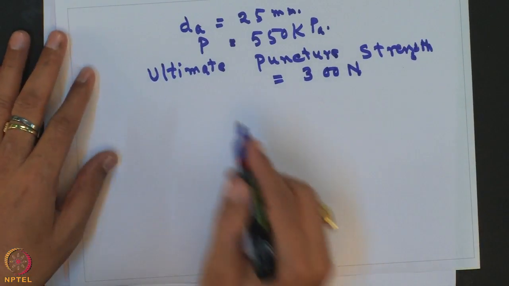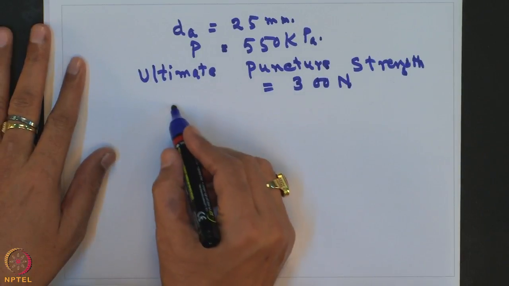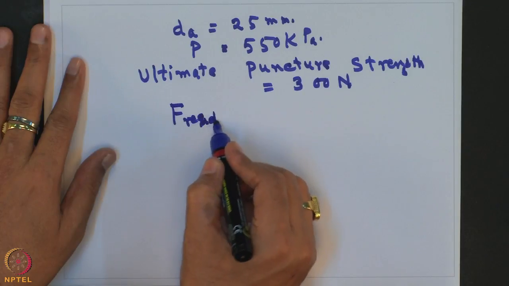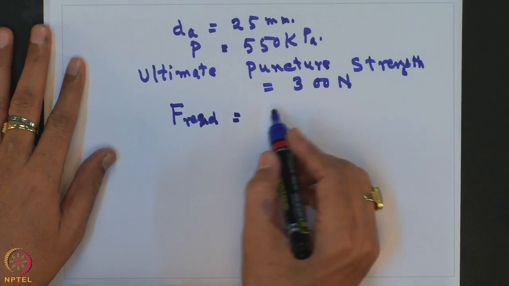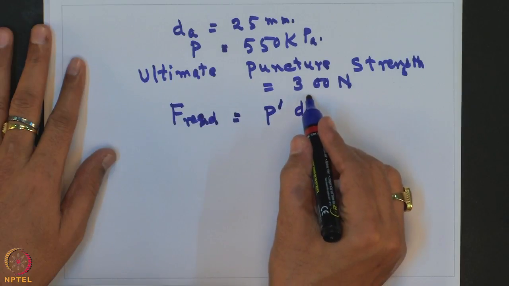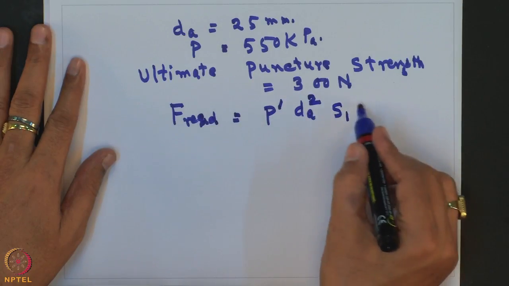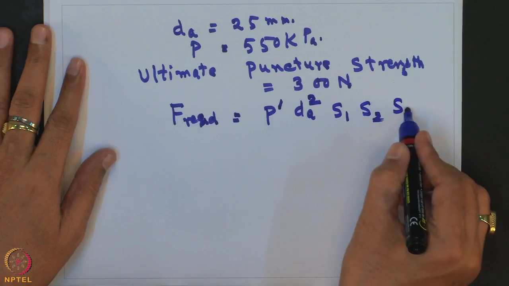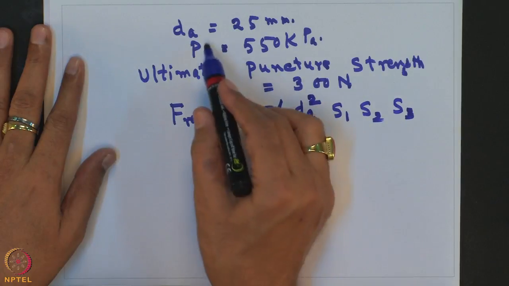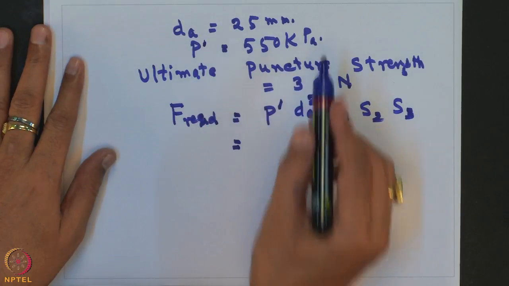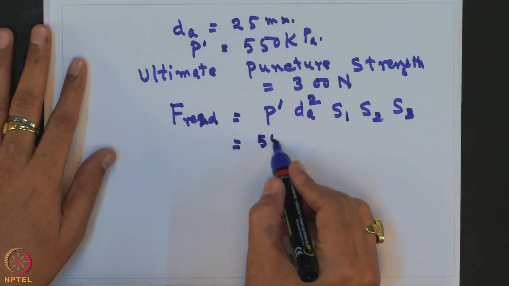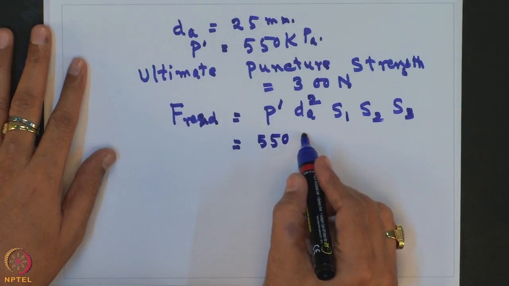We can use this equation for F required: F required equals P dash into pi D A square into S1 into S2 into S3. Here P dash is 550 kilopascal.